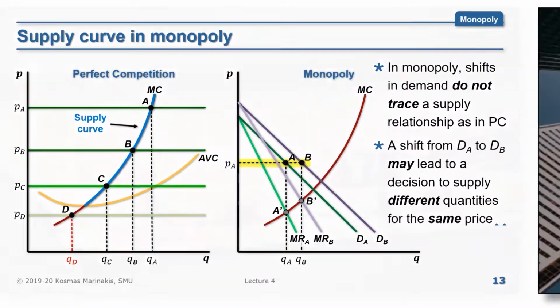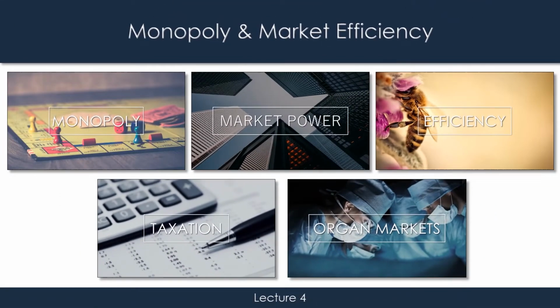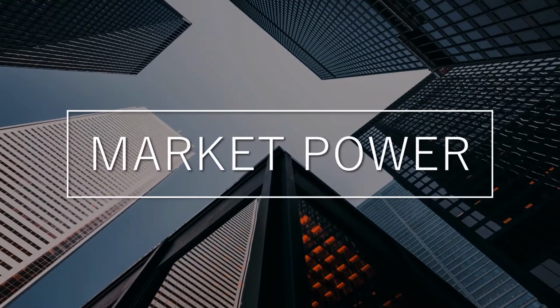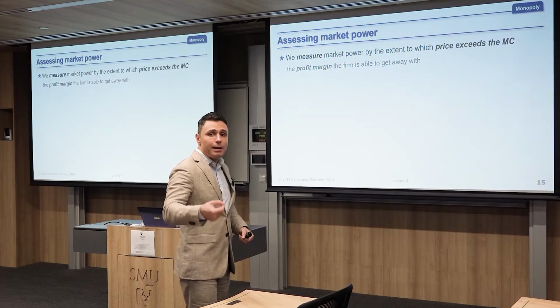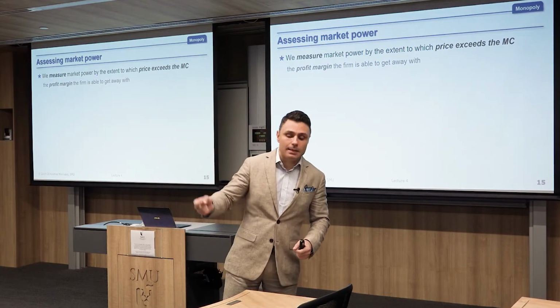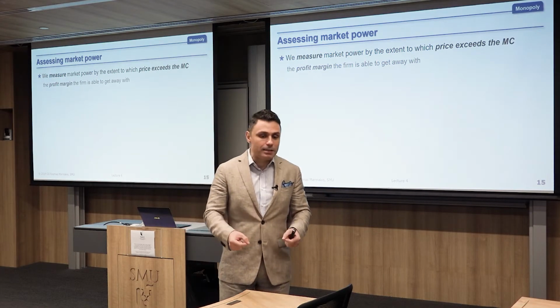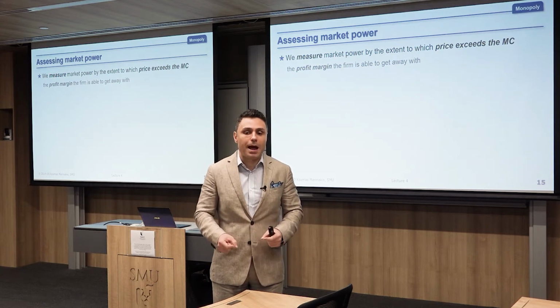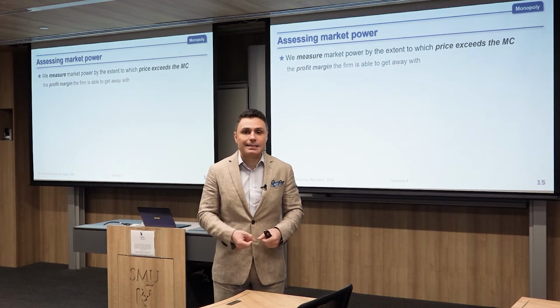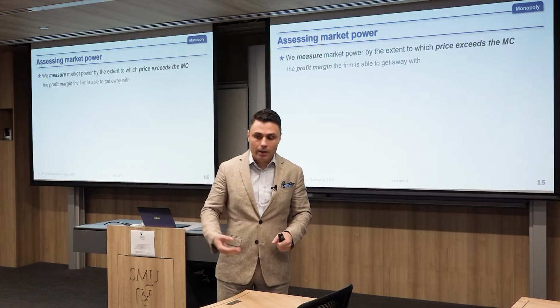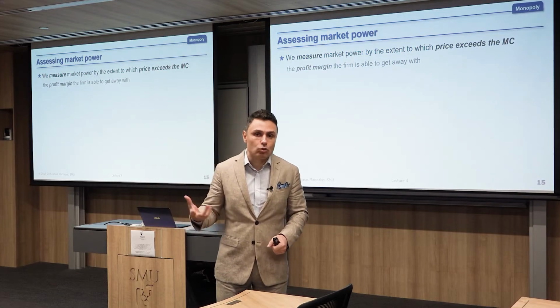All right, so let's discuss a little bit about market power. Let's assess a little bit what market power is. We measure market power by the extent to which price can be set above MC. So a perfectly competitive firm has zero market power because its price cannot deviate from MC. In monopoly, this can happen, as we have seen already.